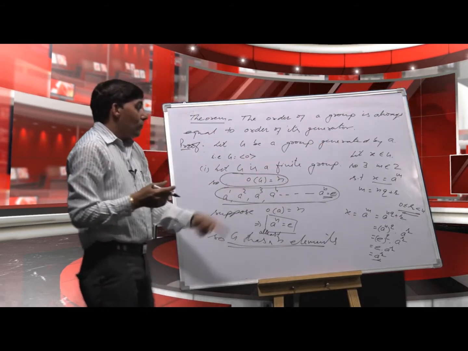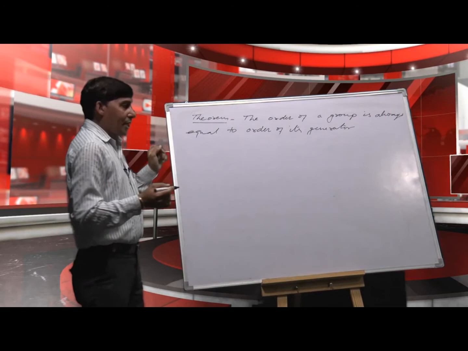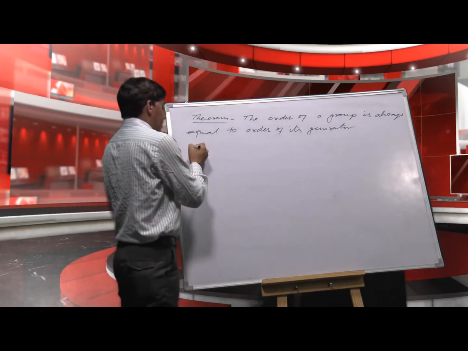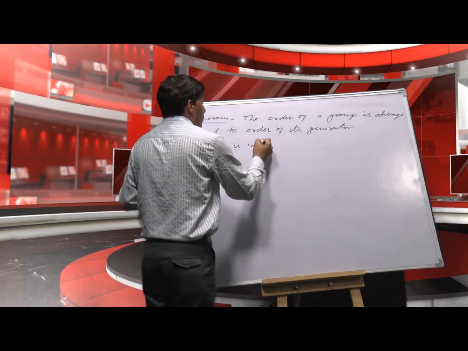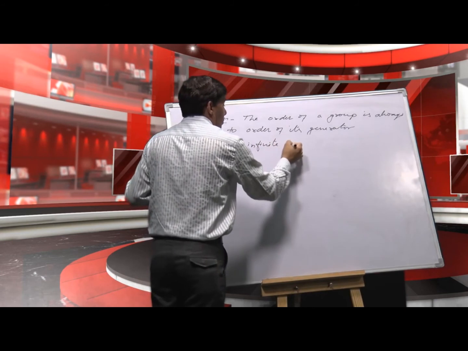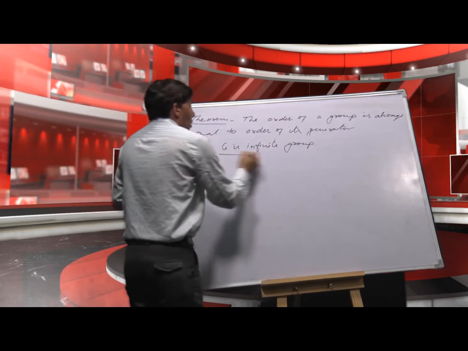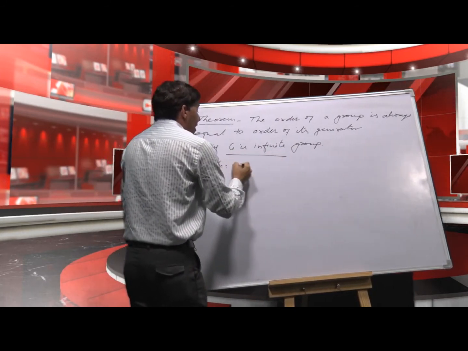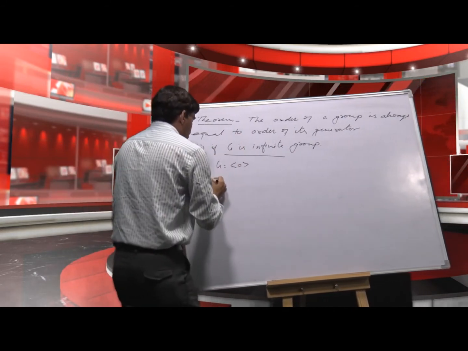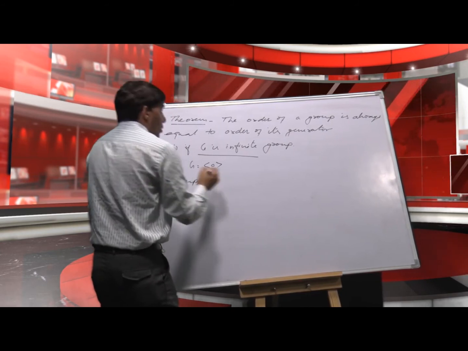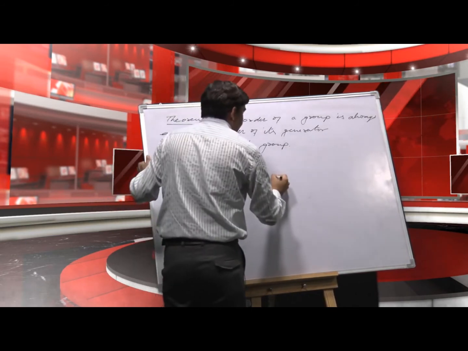Now in the next step we will show the case when the group is an infinite group. So second, we prove that if G is an infinite group, G is a cyclic group generated by a. Suppose order of a is equal to n, which is finite.